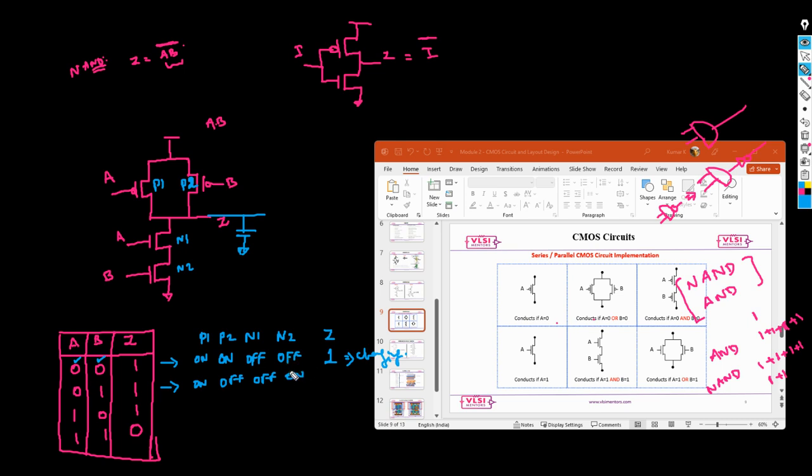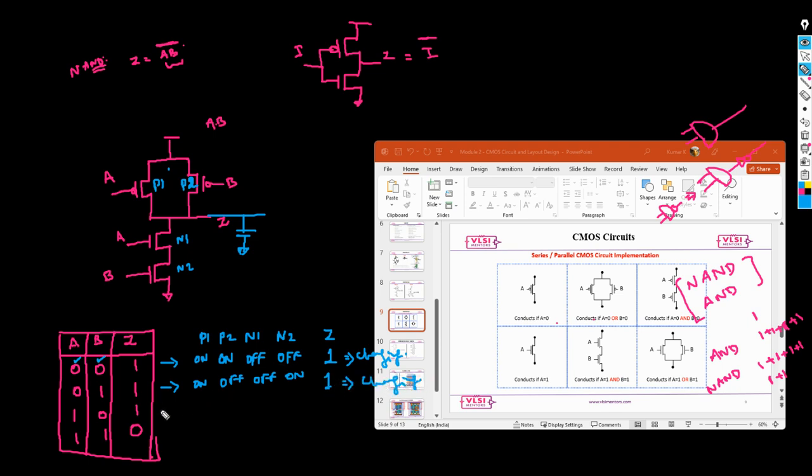Now what is there actually here? Is there a direct path to discharge? Because N1 is off, there is no way that it can discharge. That means it will not have an output 0. P1 is on, so charging is going to happen. So this is again one, there is a charging path.